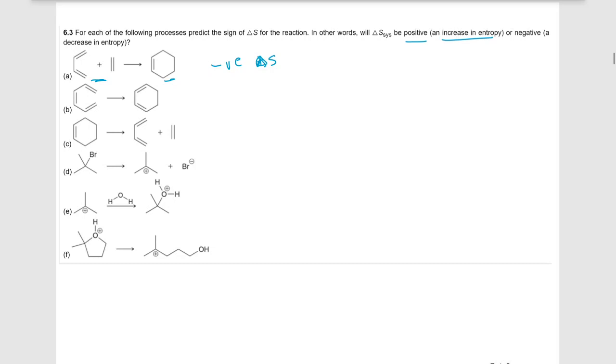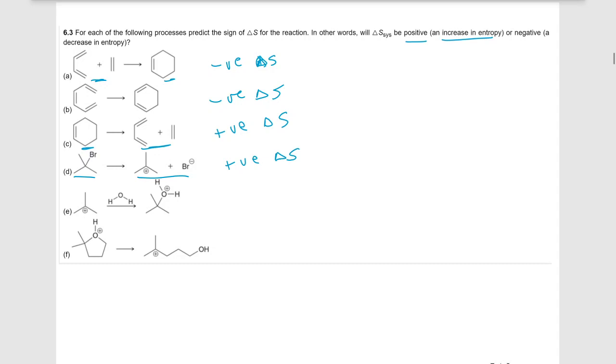A was an electrocyclic reaction also that we're going to see in chapter 16 or 17. I think it's chapter 16 in version 3. So for B, we have a ring closure, and so that's also going to be a negative delta S, so we're losing entropy. For C, we've got 1 molecule going to 2 molecules, and so that's going to be a positive delta S. And D is 1 molecule going to 2, so again, that's a positive delta S.